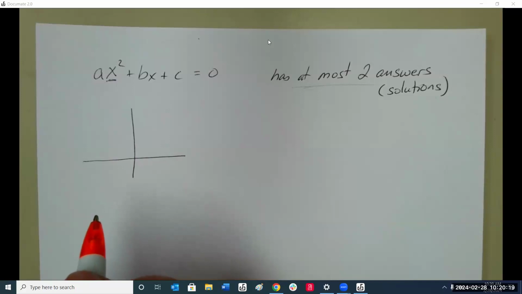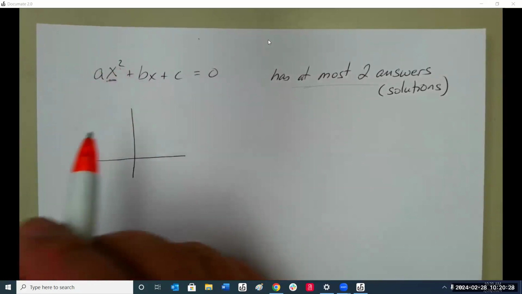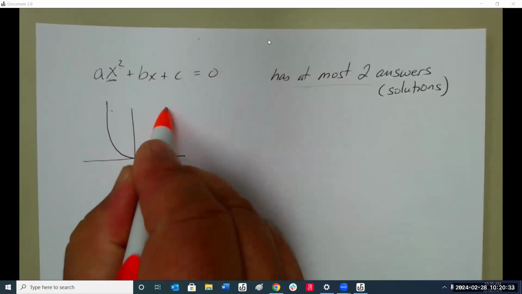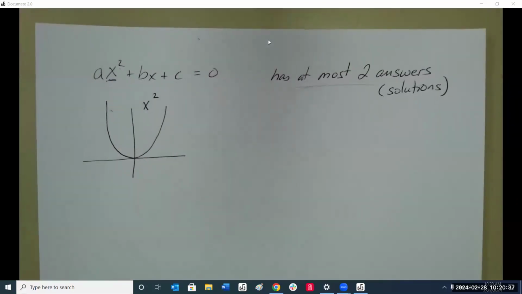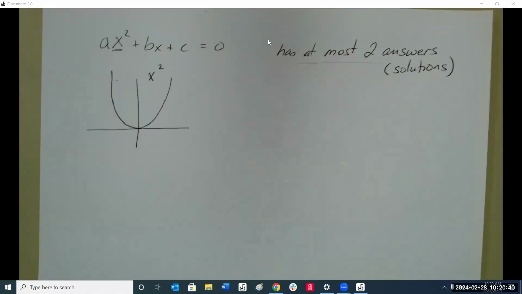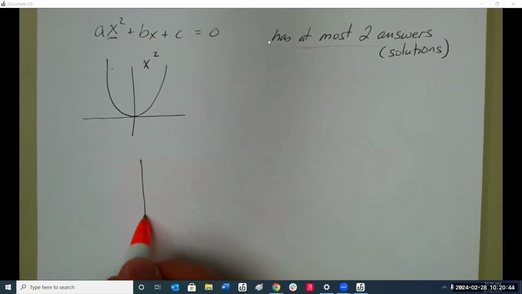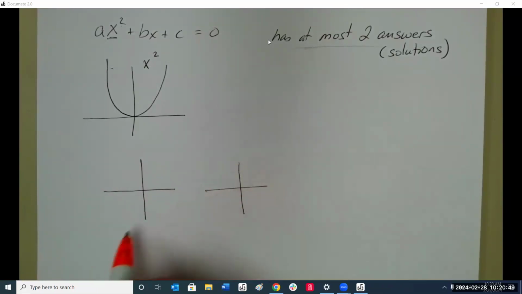Anybody? What's the graph of x squared? It's an even power, so that means it's symmetrical about the y-axis. That's the x squared. Thanks for memorizing those, everybody. So at most, we can have two solutions.